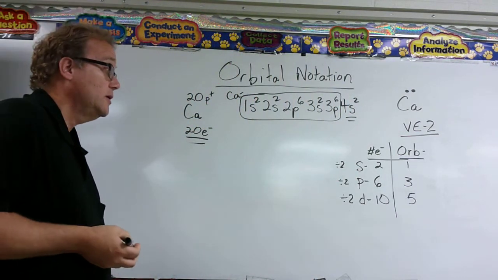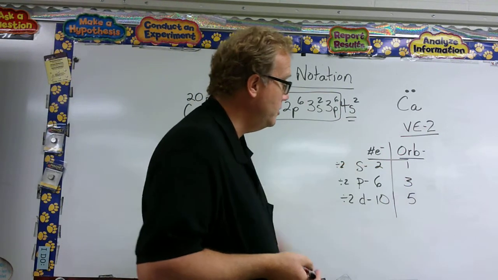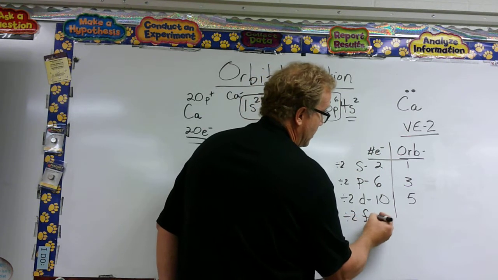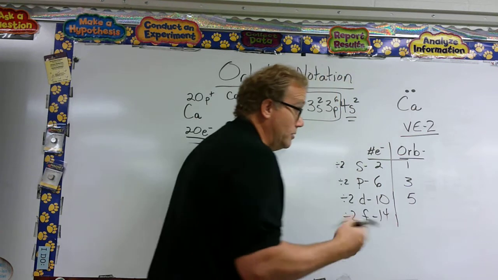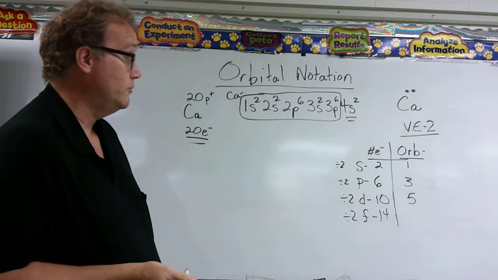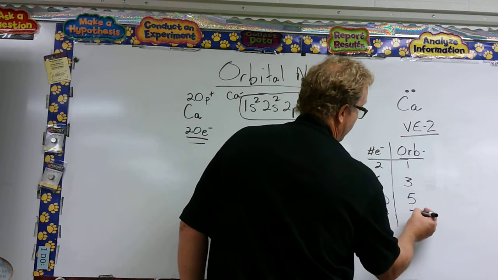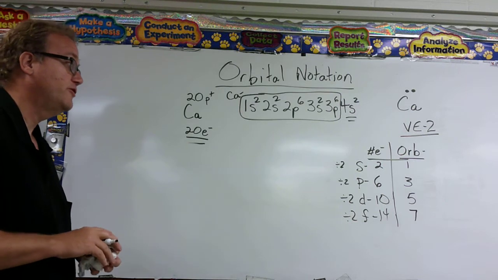So basically, I'm adding 4 here, I'm adding 2 here. Let's divide this one by 2. And we got f, which can hold 14 electrons. So when we go to the bottom, you're going to notice the maximum that can have is 14. What's 14 divided by 2? 7. So it's another plus 4 plus 2.